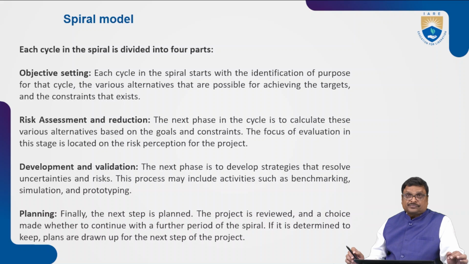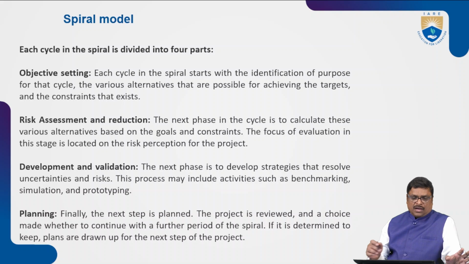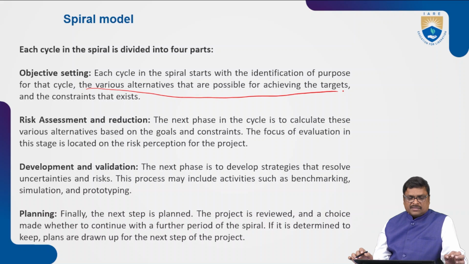Objective setting: in each cycle, the spiral model is divided into 4 parts. Objective setting is done first, where we define the purpose and the targets of constructing the software system. Then risk assessment and reduction: we have to calculate how many risks are going to occur, and alternatives based on the goals need to be defined.